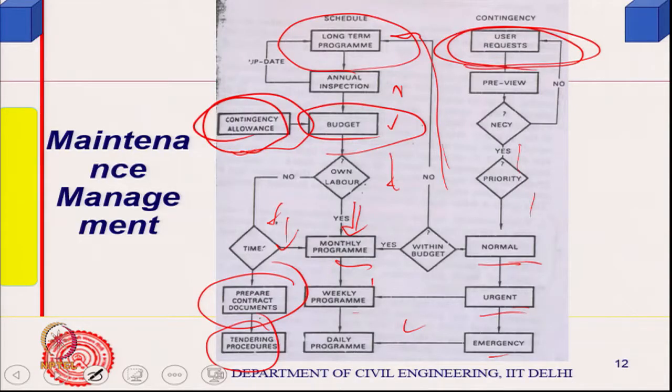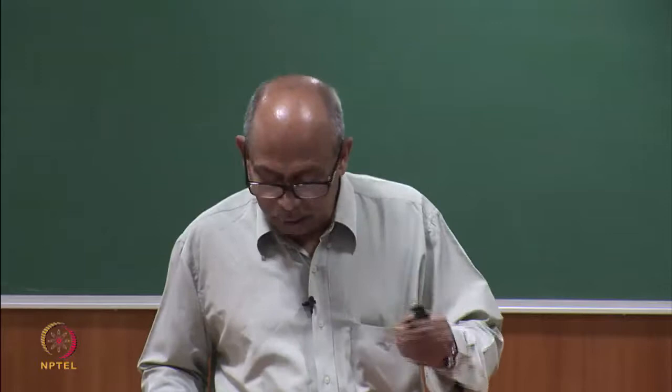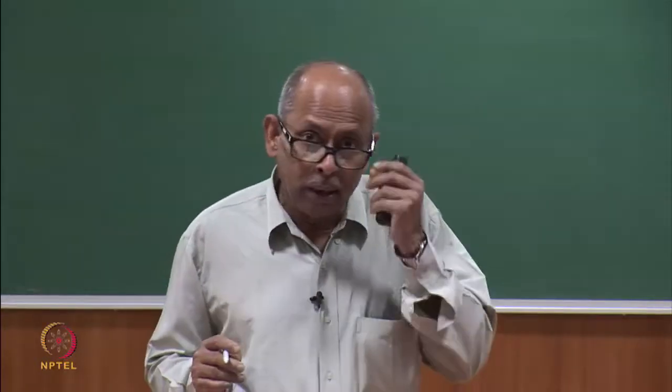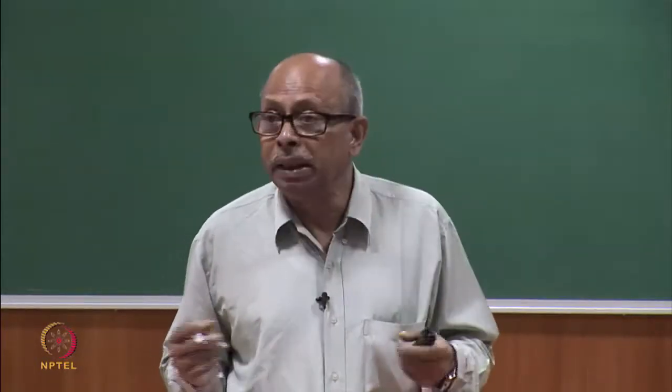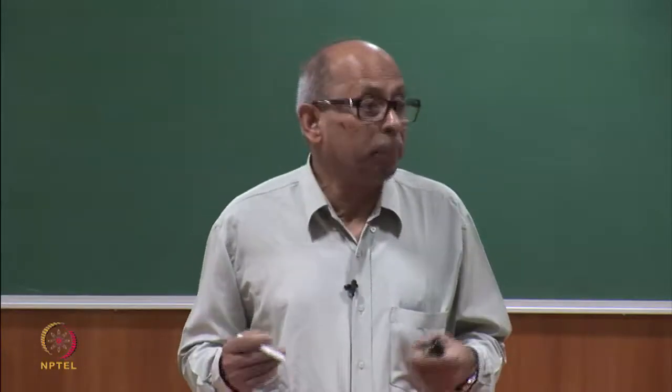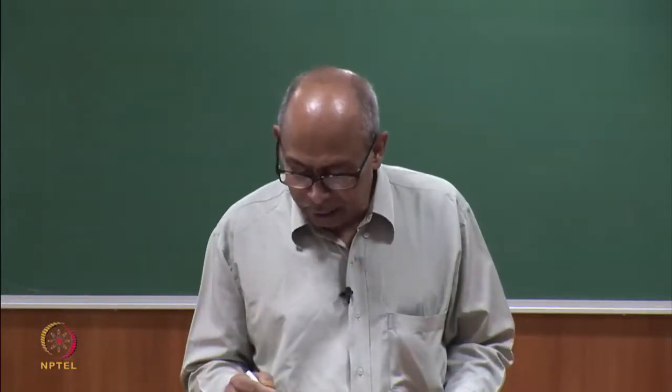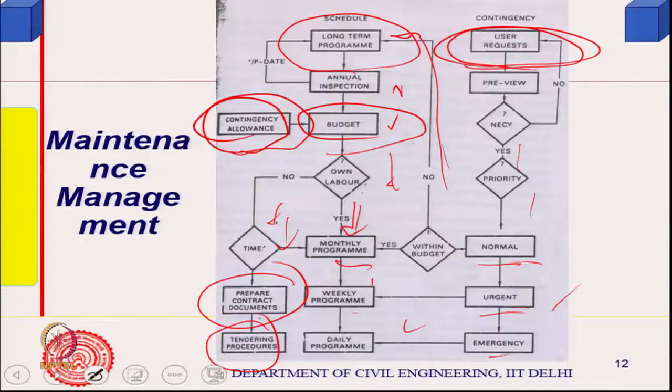Now, if it is internal painting, you can delay it, so you should not put it into emergency. But something which can have a hygienic effect, or can affect the primary activity of the organization, then you might think that it is urgent or something might be an emergency. So, that is how overall maintenance planning is done.